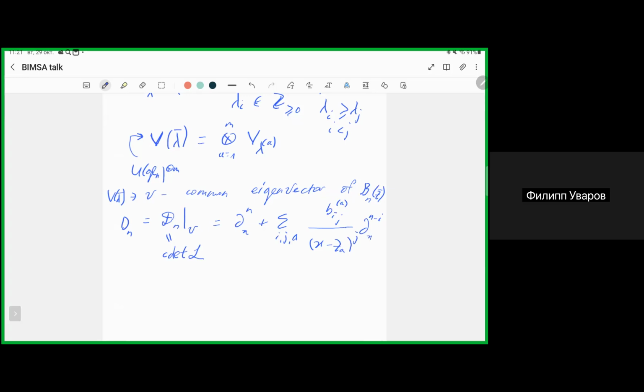Where these small b_{ija} are just numbers. So if I act by this generator of the Bethe algebra on v, this is the same as multiplication by the number b_{ija}. And this is just a complex number. So this is just some differential operator.